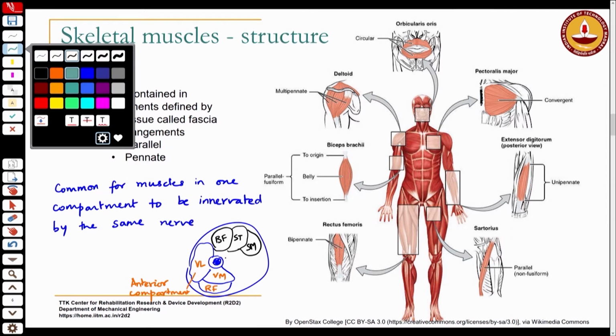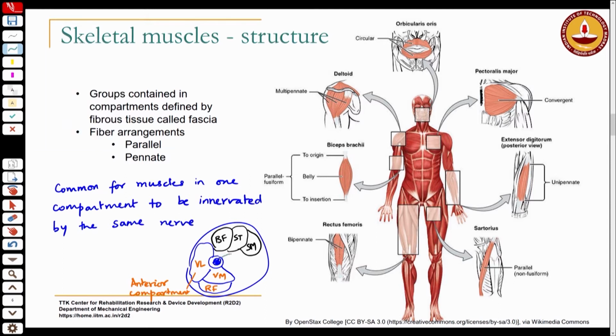And then you have some compartment. This is nowhere close to the actual anatomic structure, but you get the idea.